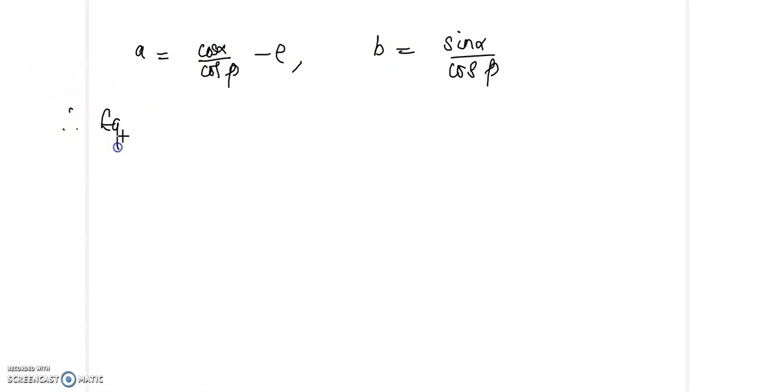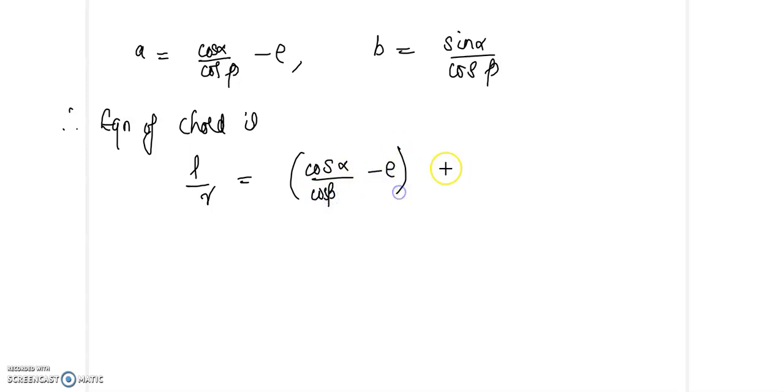So therefore the equation of chord is given by, so we'll get L by R equal to, so A will be replaced by cos alpha by cos beta minus e cos theta plus B sin theta, so sin alpha by cos beta sin theta.